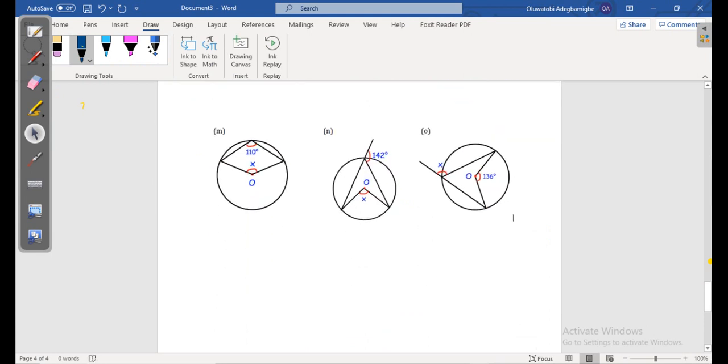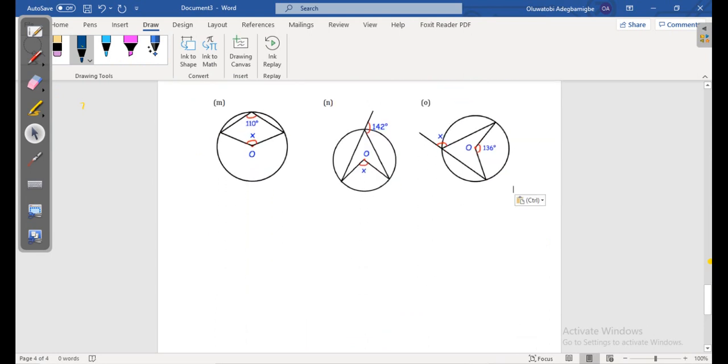Okay, so let's start with M. The angle at the circumference is 110. Let's confirm what will be the angle at the center. So the angle at the center should be this. Good.